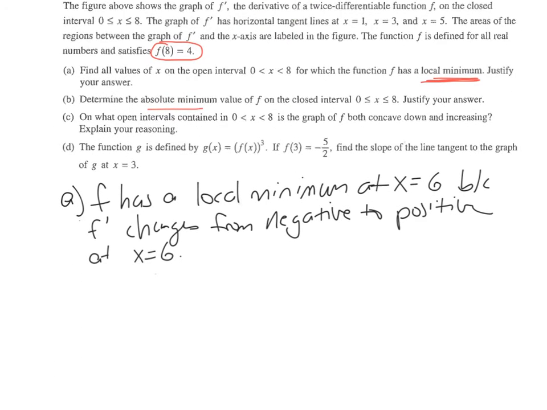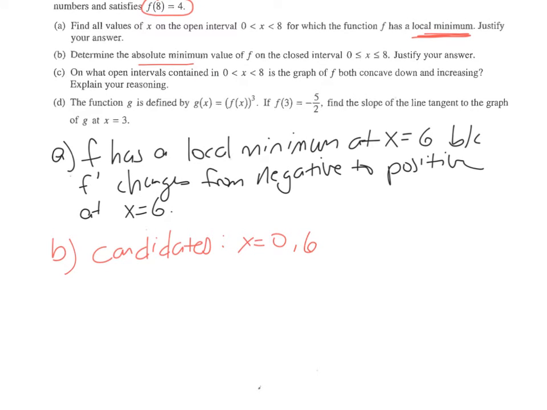All right, so part B. We're going to take a look at x equals 0 and x equals 6. So let's start with the endpoint at x equals 0. What we're going to do is look at the integral from 0 to 8.